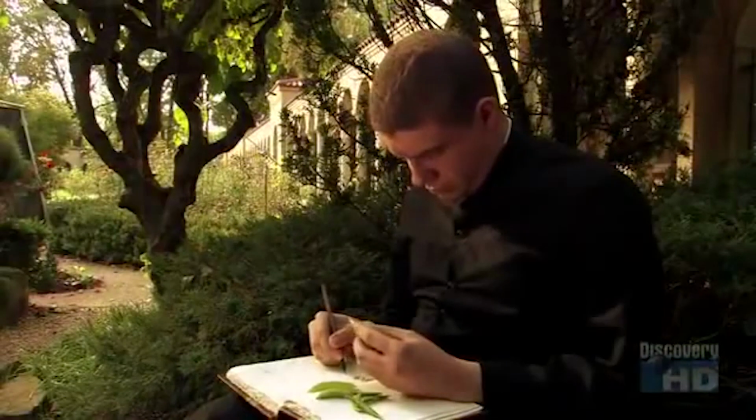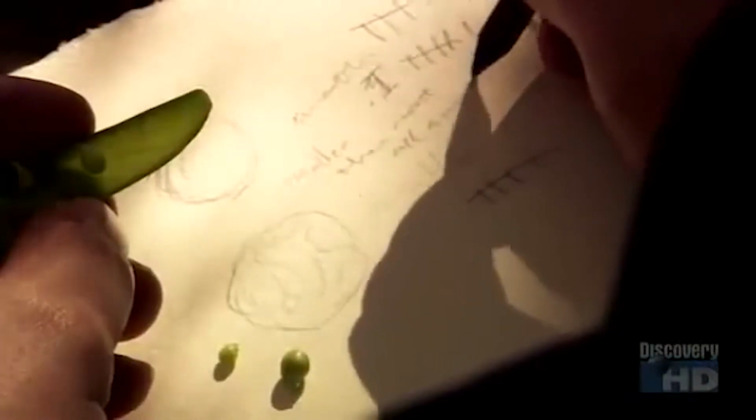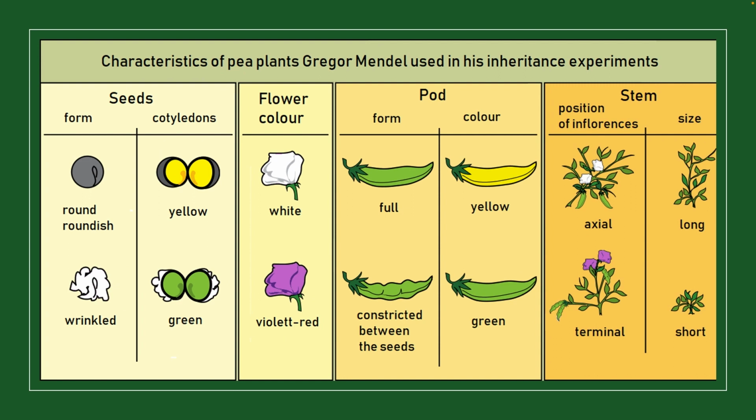Now we can connect students' investigations to Mendel's work. We can introduce Mendel's experiments and ask students to compare their results to Mendel's. This is a good time to introduce the terms such as dominant and recessive, heterozygous and homozygous, because students have had the results to think about.